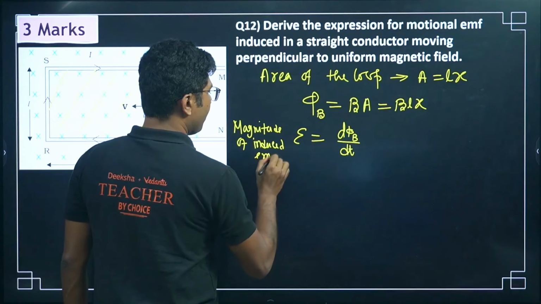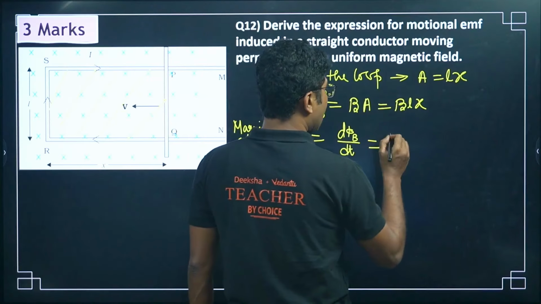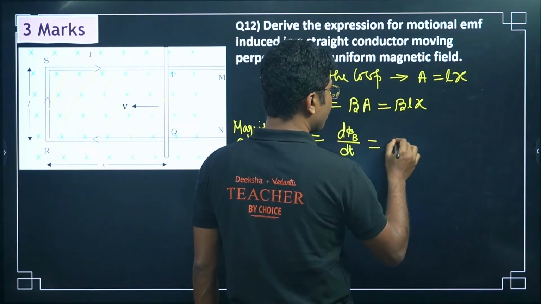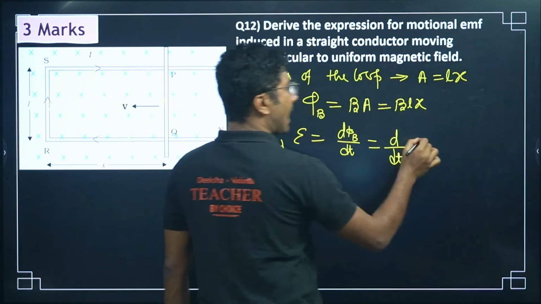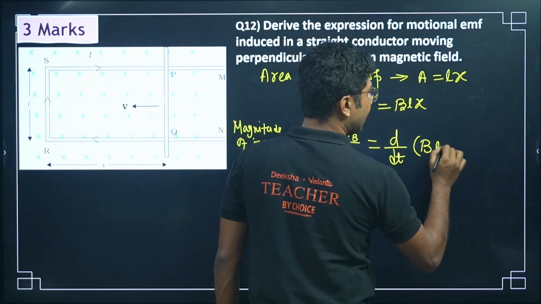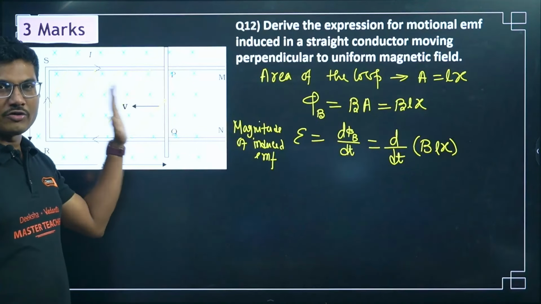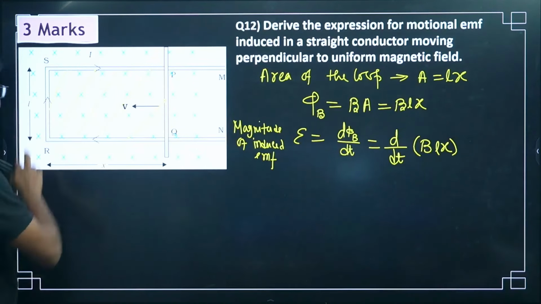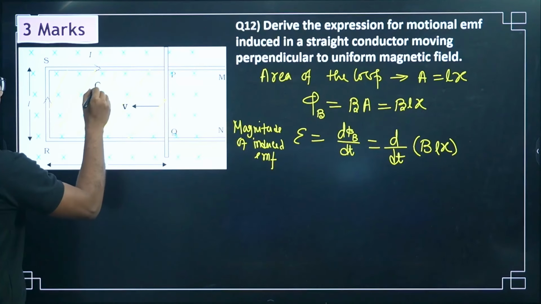It is very, very important to mention the term magnitude. So you put d by dt of phi B, which is the function, and the value of the function is B L into X. Now the magnetic field here is not changing, it is constant. You have to mention that as well. In this case, the magnetic field is given as B.